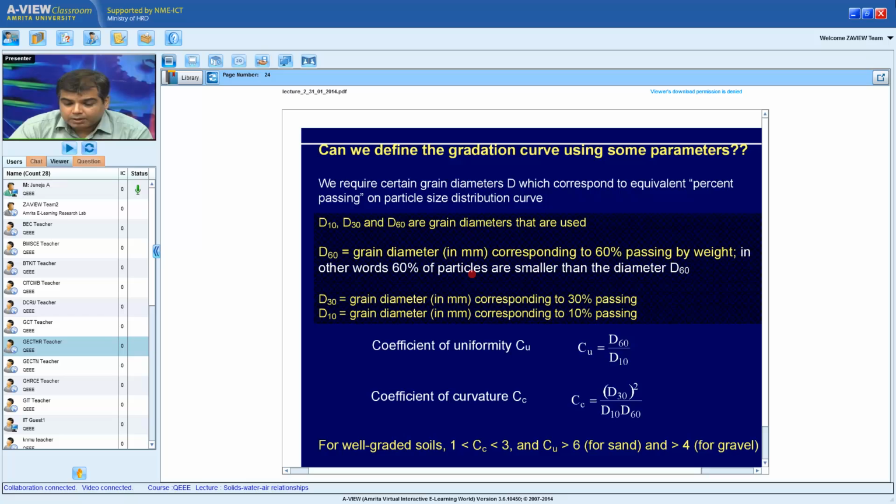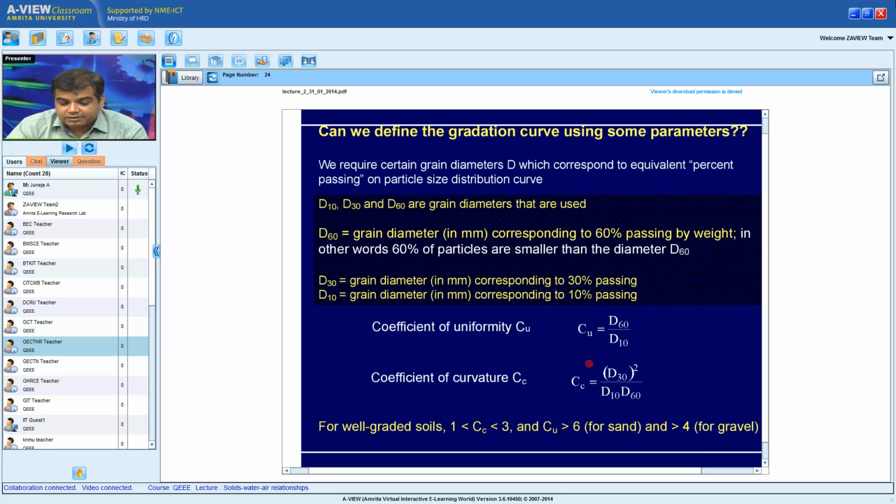So from the grain size distribution plot, I would read out the particle size corresponding to D60, and similarly the particle size corresponding to D10, which is the grain diameter corresponding to 10% passing.